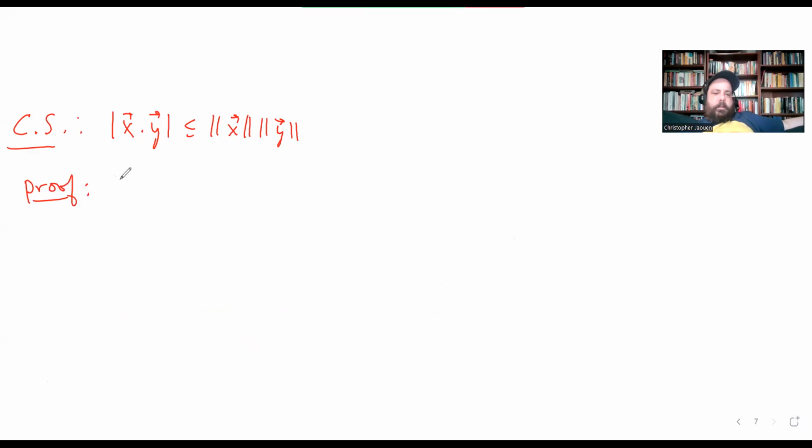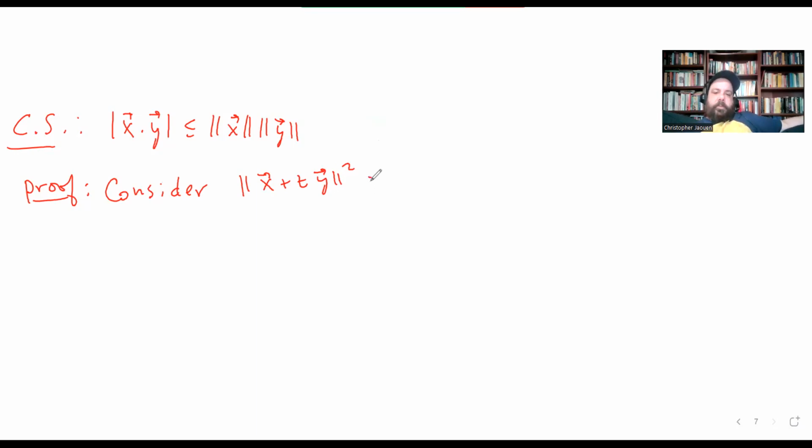Here you take, so consider this sum squared, where t is some scalar. The proof here, if you'll notice, if you watched the videos on that I did from Spivak's book, you should probably recognize the proof here. It's virtually the same proof.